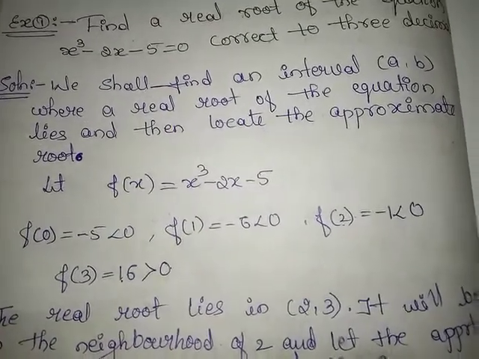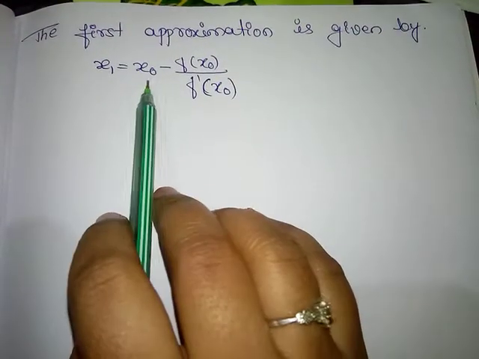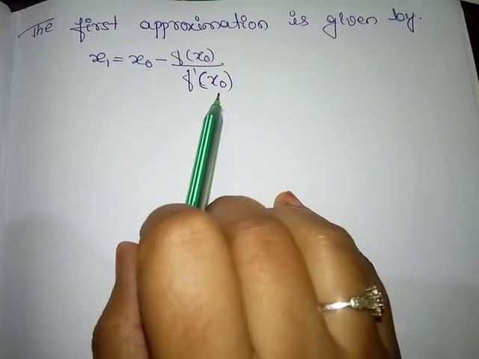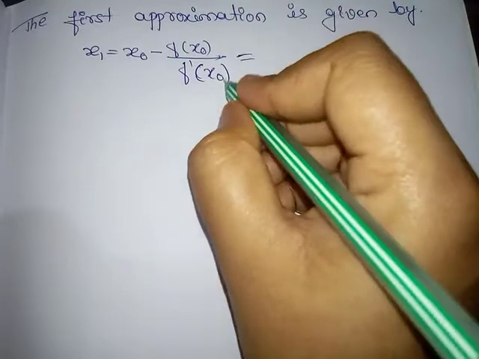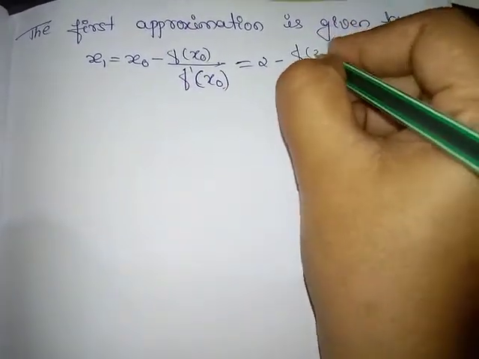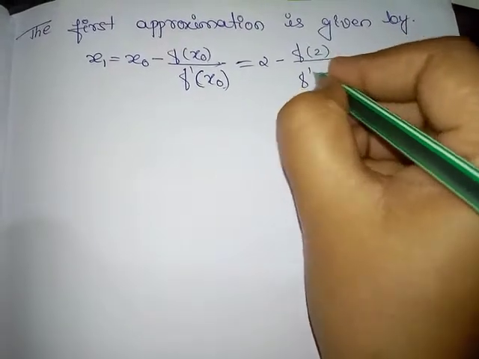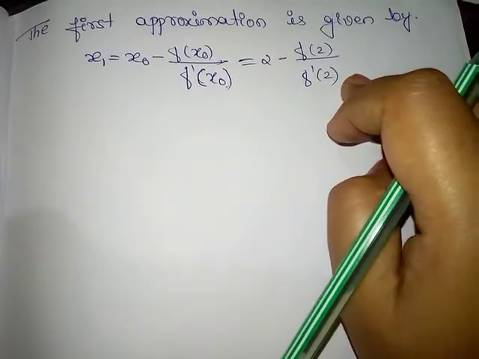First approximation. The first approximation is given by x1 is equal to x0 minus f of x0 divided by f dash of x0, which is equal to, here our x0 is what? 2. Therefore 2 minus f of 2 divided by f dash of 2. We have to find what is f of 2 and f dash of 2.